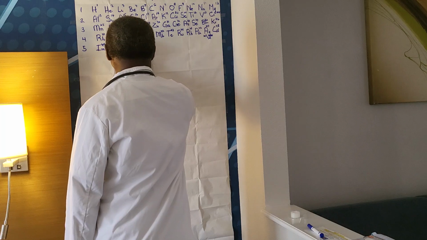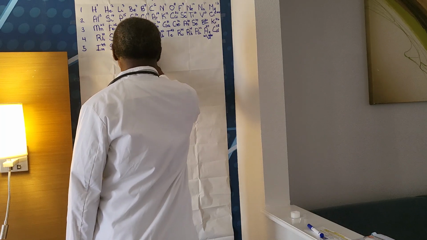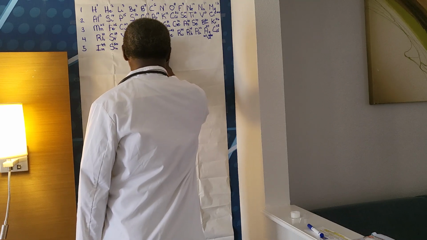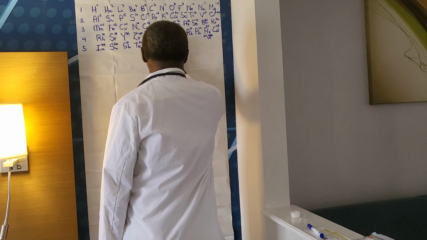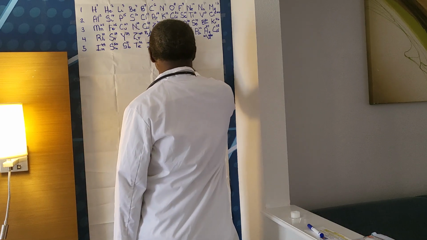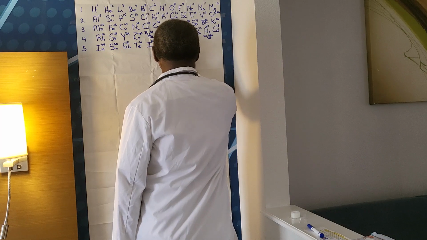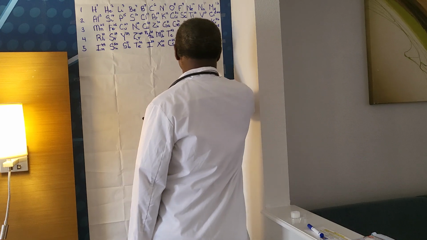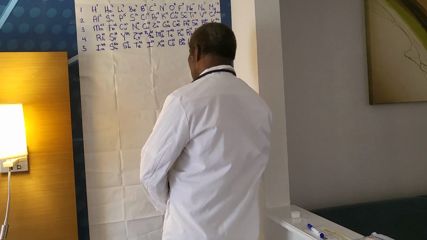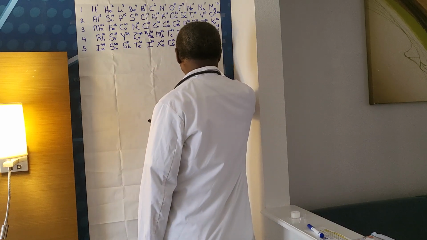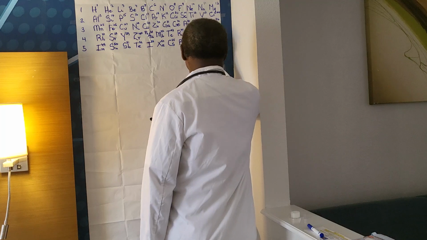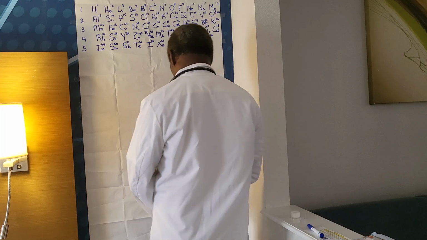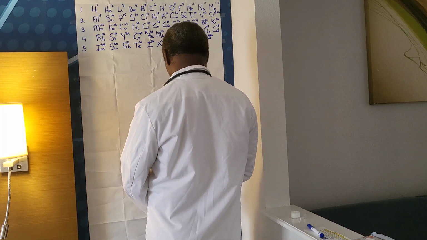51 antimony. 52 we have tellurium. 53 iodine. 54 xenon. 55 cesium. 56 barium. 57 lanthanum, going into the lanthanide series now. 58 cerium. 59 praseodymium.